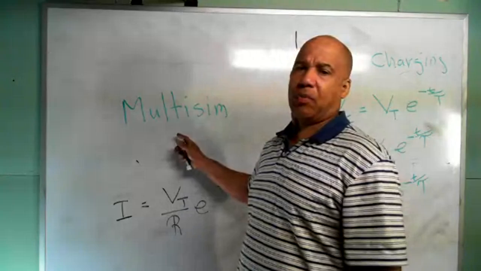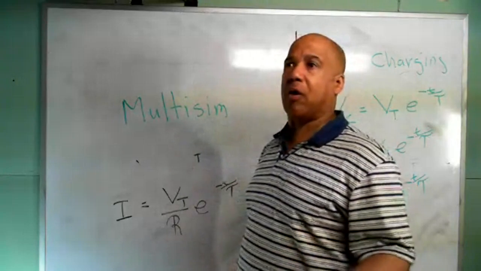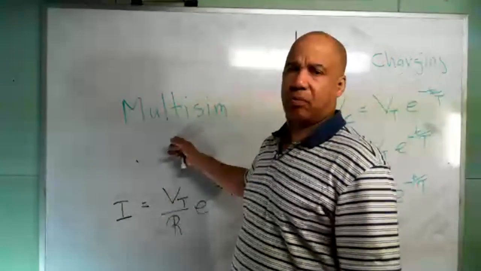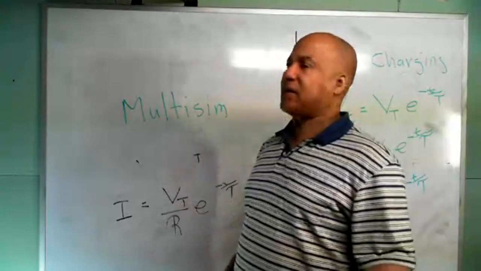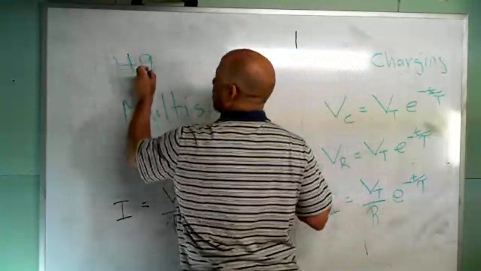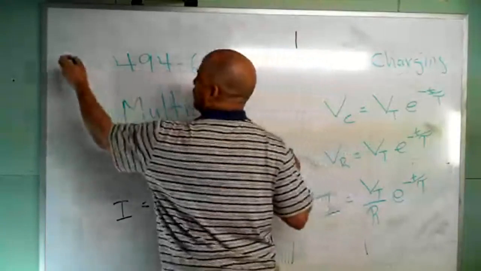If you have any issues with Multisim, well, first of all, if you have a Chromebook or an Apple computer, I don't think this will work with that. So if you have an Apple computer or Chromebook, send me a text. Let me put my number here. That's 513.